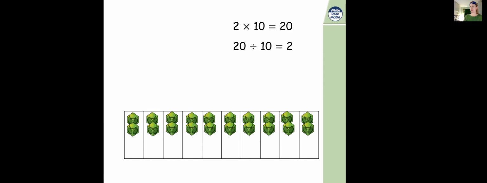Have a look at those 2 number sentences for a minute. Can you see any similarities between them? Do both sums have the number 2 in? Do both sums have the number 10 in?